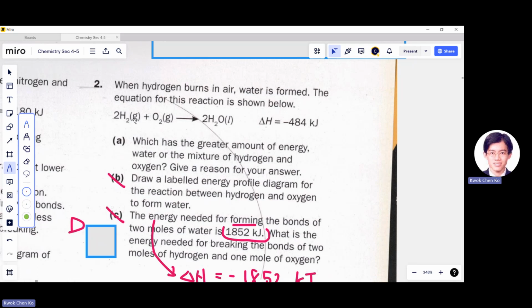Okay, but tell me, is this reaction exo or endo? Endo. Exo. Exo, do you notice the word burns? So immediately you must think that it's an exothermic reaction, which should be in your answer. Then, of course, depending on the marks for this question, also mention heat is released.